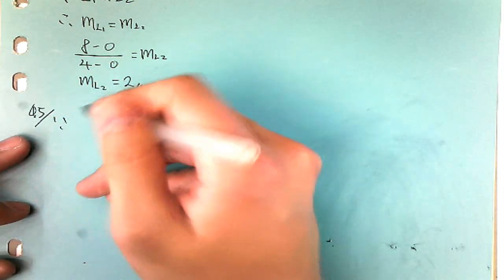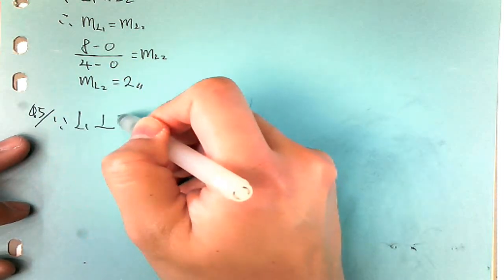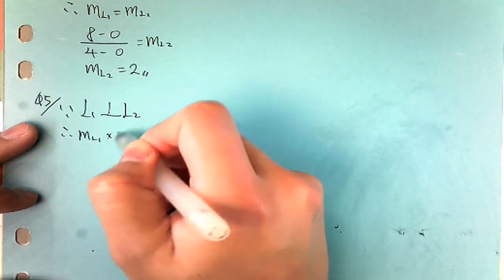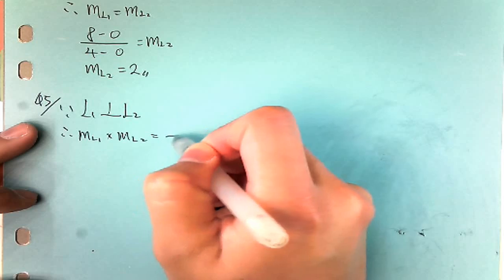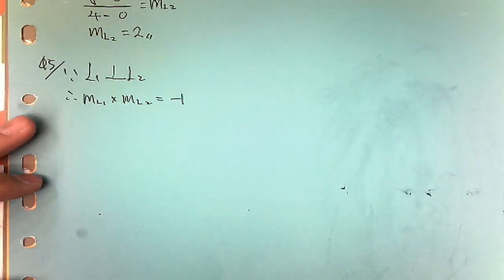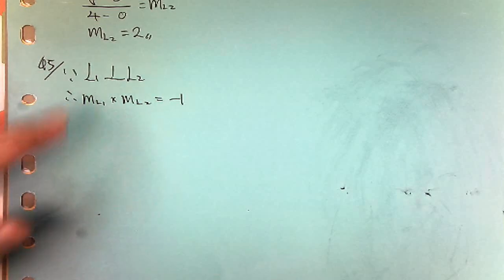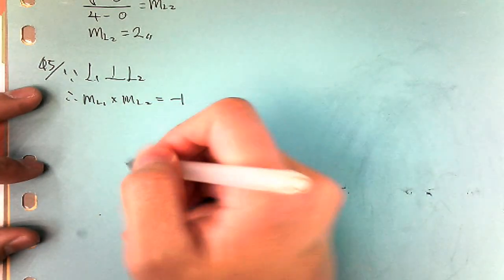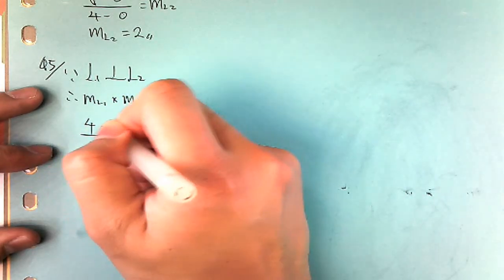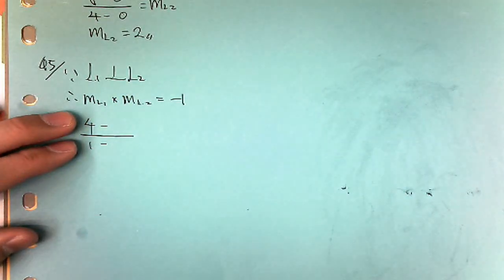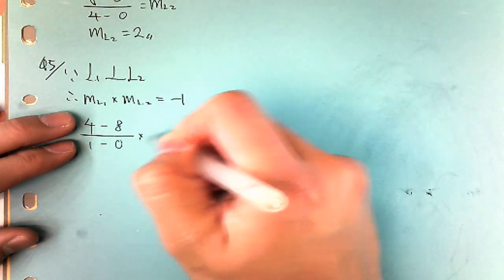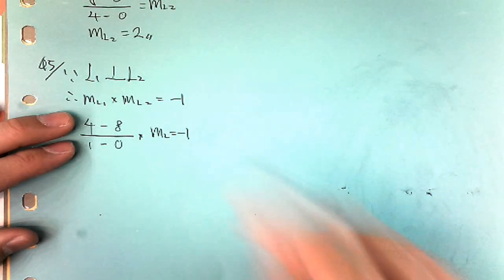When you mark the correct coordinates there, then you can do this. Because L1 is perpendicular to L2, ML1 times ML2 must be equal to -1, understand? So ML1, just calculate, you have the coordinates, right? So 4, 1, write it in this format, minus, minus, and then here it should be A, 0. ML2 equal to this.